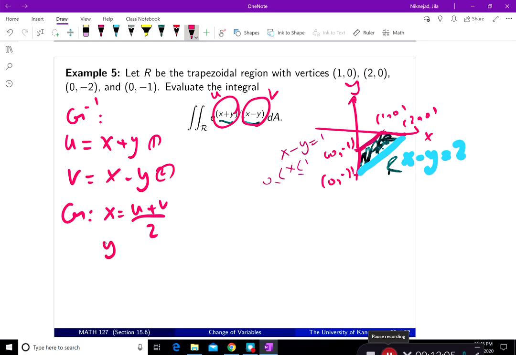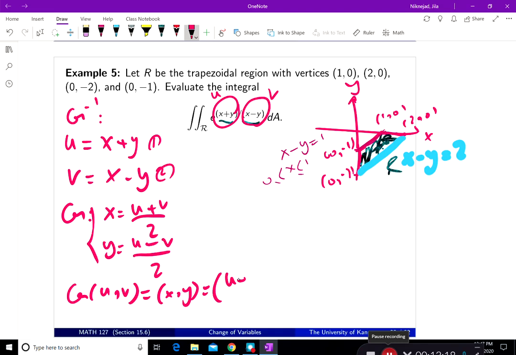So y is equal to (u minus v) divided by 2. And therefore my g of u and v, which is x and y, is equal to ((u plus v)/2, (u minus v)/2). So I found my g.